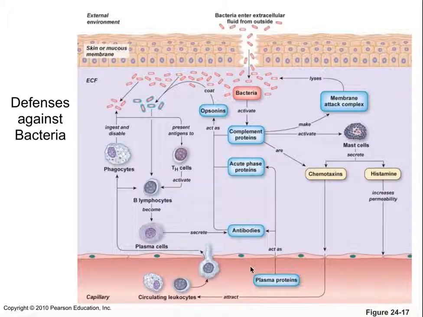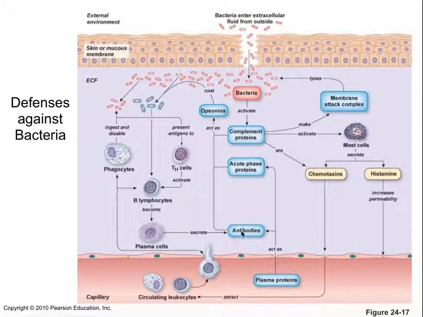We also have some circulating antibodies that can bind to the bacteria, remember, act as opsonins and tag them so that our phagocytic cells can phagocytose it. And when our phagocytic cell phagocytoses a pathogen and it comes in, we can activate our B cells, and our B cells can turn into plasma cells, which will make more antibodies so that we can hurry up and tag more of our bacteria.